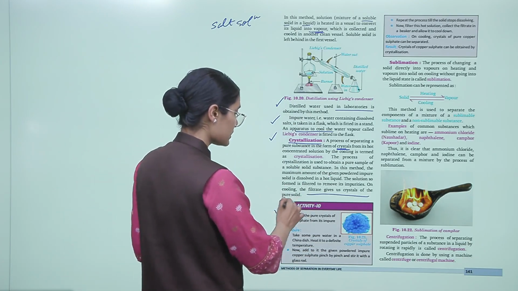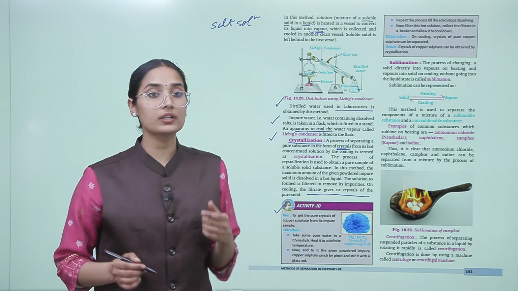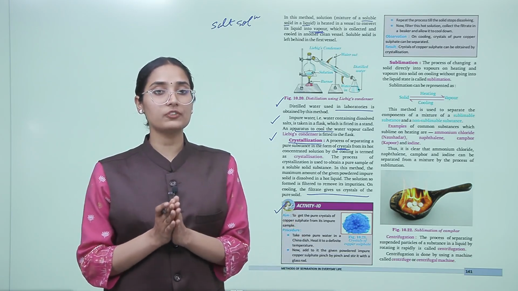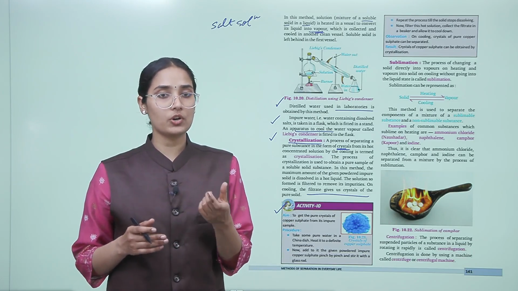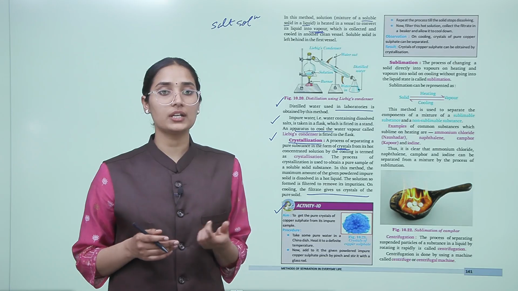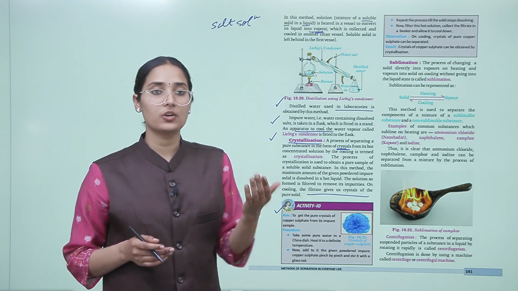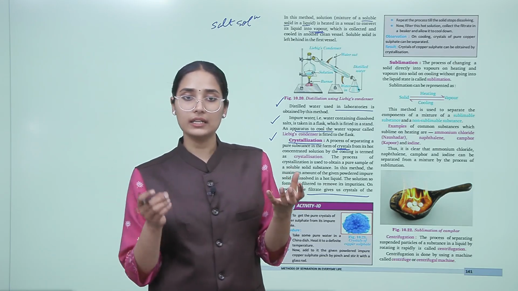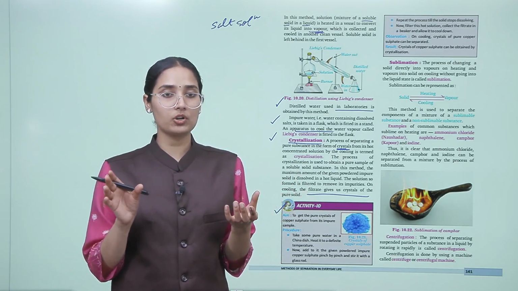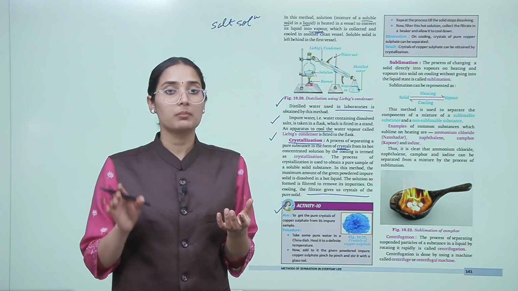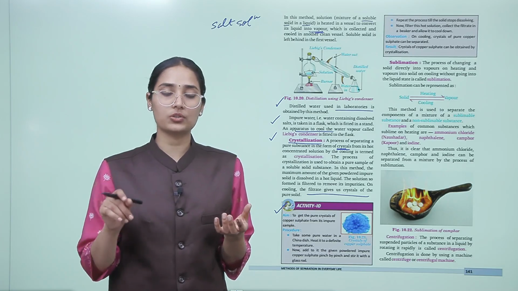Now let's do this activity to get pure crystals of copper sulfate from the impure sample. So what we have to do is take some pure water in a china dish, heat it to a definite temperature, okay. So take some water, heat it. Now add to it the given powdered impure copper sulfate pinch by pinch and stir it with a glass rod.